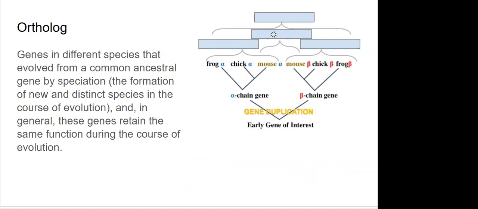But an ortholog is something across multiple different species that have a similar function. So all of the alpha chains in frog, chick, and mouse have a similar evolutionary origin, and those are called orthologs. Those will have similar functions across the different species.